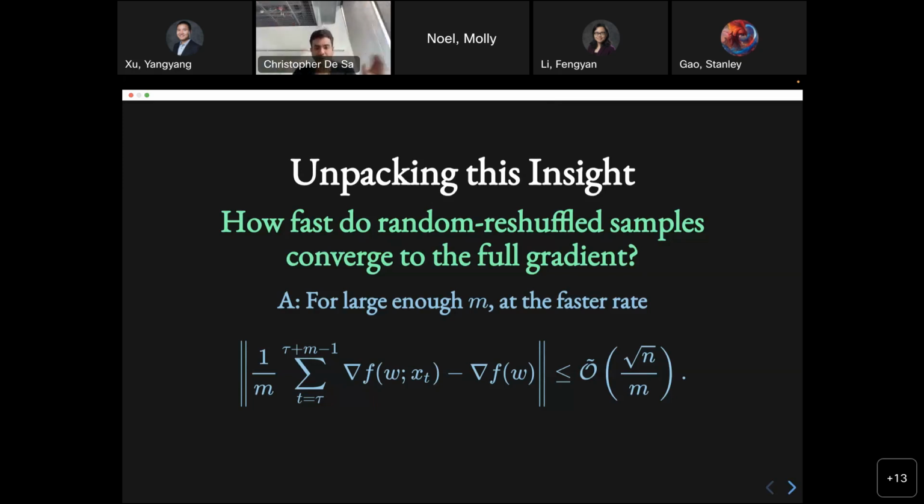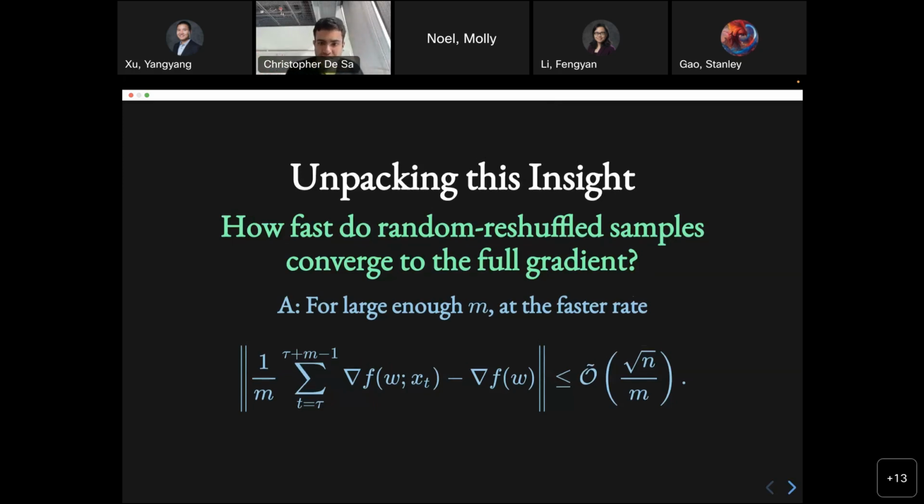The key insight is that, because you're drawing every sample from the data set once, the error from the epochs in the middle is going to average out to 0. Averaging all of the examples you draw over an epoch is a perfect estimator of the full batch gradient. Keep in mind that for this analysis, we're assuming the parameters aren't moving at all, so you're just evaluating the gradient at a single parameter value. And this is why you get this faster rate.